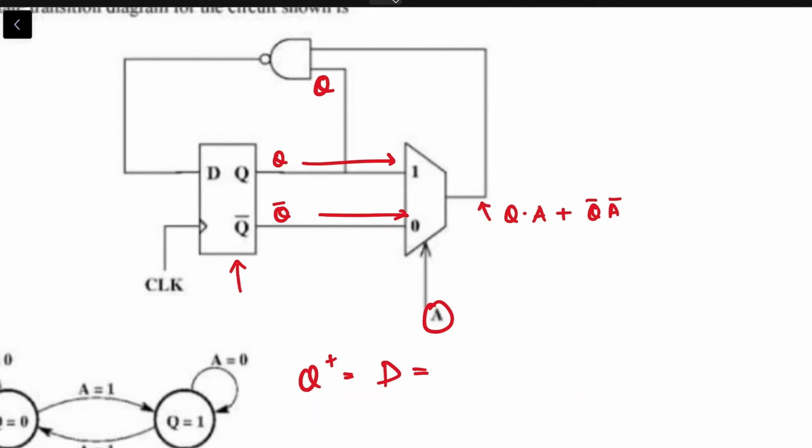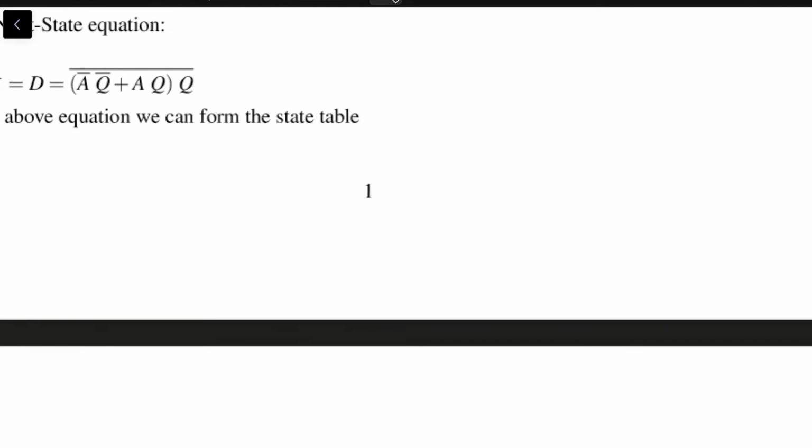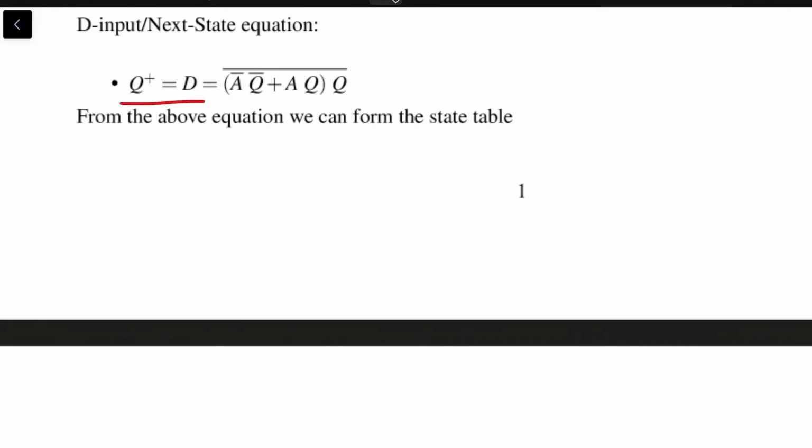So that is the equation of this signal which comes here, and it is the NAND of these two that comes to D. So D is Q A plus Q bar A bar, the whole bar. It's the NAND of these two expressions. And that is what I have written over here.